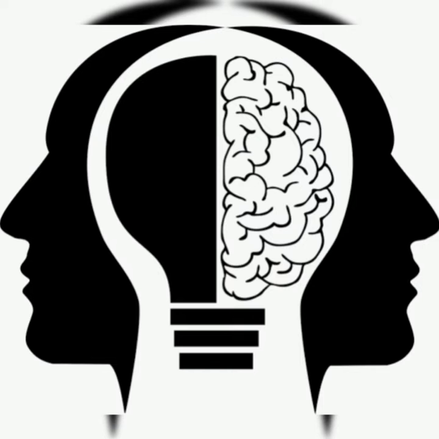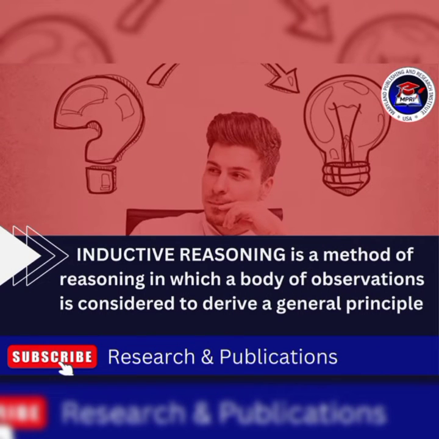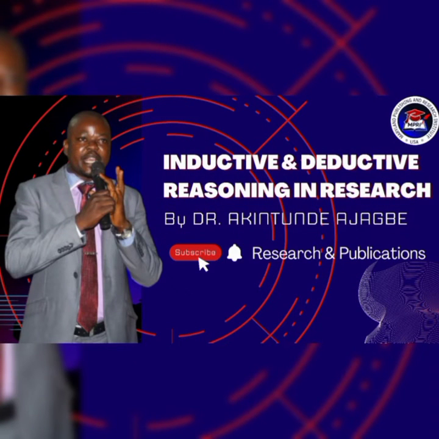How do we study inductive reasoning? We study inductive logic by examining a particular set of observations, after which conclusions are reached from such logic, and such conclusions are always expected to be true, while a deductive argument is sound if its premises are valid and true.